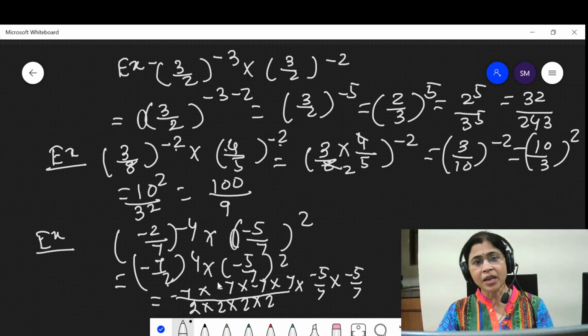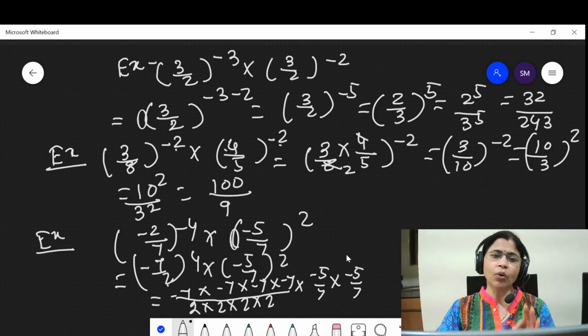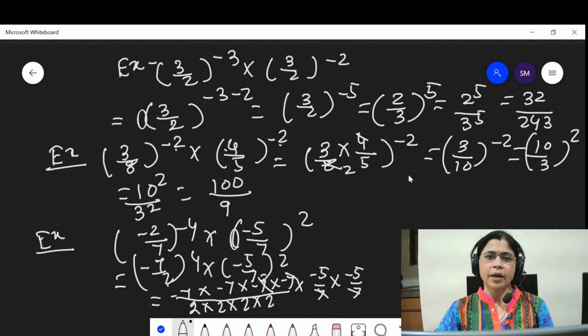Now at first count the negative signs. If it is an even number, you get a positive result. When it is an odd number, you get a negative result. Here the negative signs are 1, 2, 3, 4, 5, 6. 6 is an even number, so the result is positive. 7 and 7 cancel, 7 and 7 cancel. At first be sure about the sign.